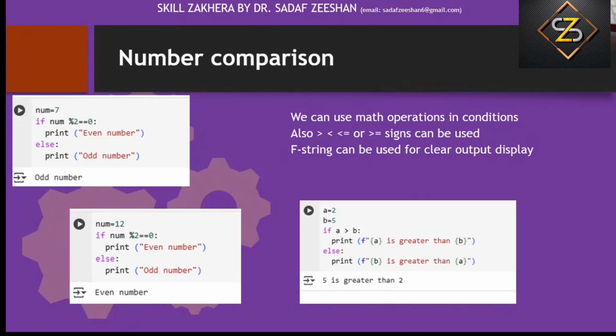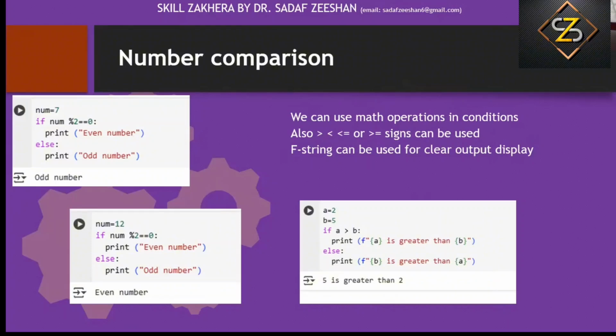And the third example, where A is equal to 2, B is equal to 5. So if A is greater than B, I can print using an F string that the variable A is greater than the variable B. Every time the value is going to vary, and this display will be based on the value of the variable. So in this case, A and B are going to be replaced by the values that we have used.